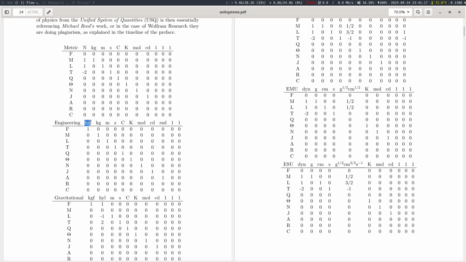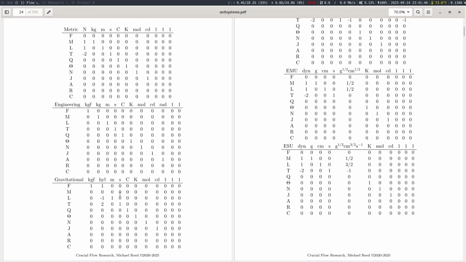This has kilogram force and kilograms. And this has kilogram force and Hill, or Heil, or Hill. No, it's Hill, I think. I don't really know how to pronounce this because I've not heard it pronounced before, but this is a type of unit of mass related to the kilogram force. Yeah, so that's for the gravitational system.